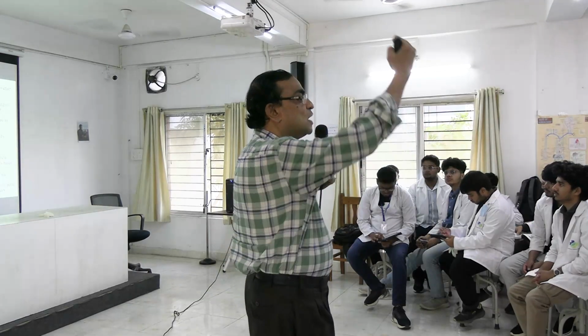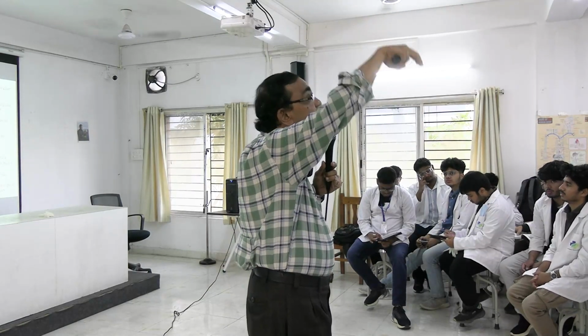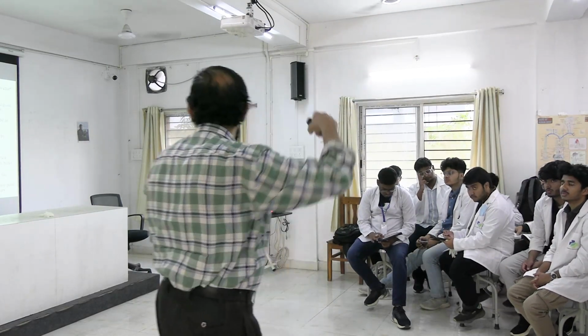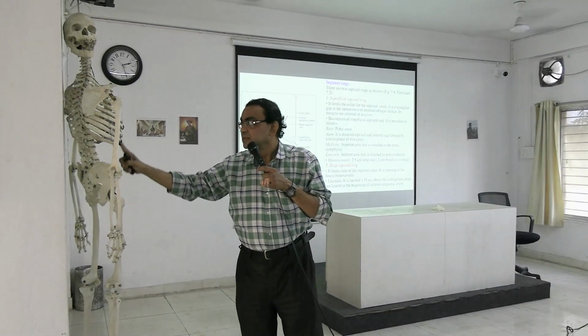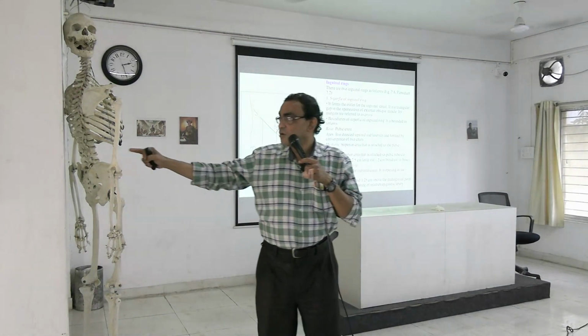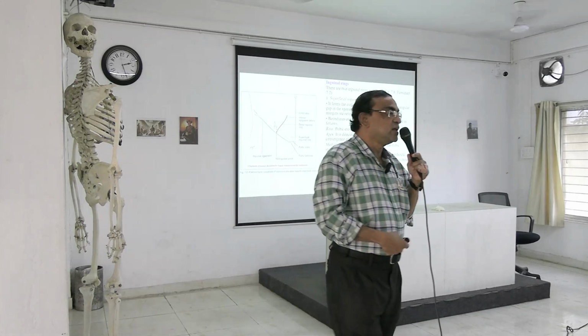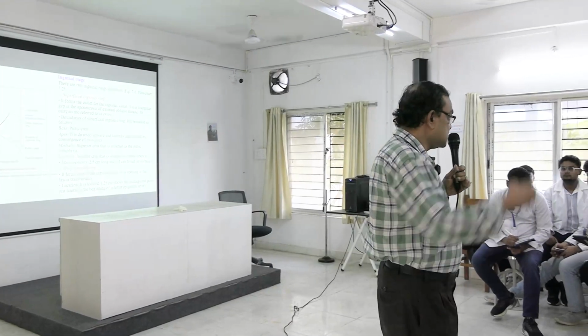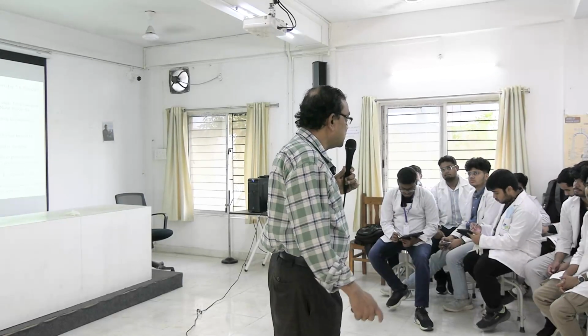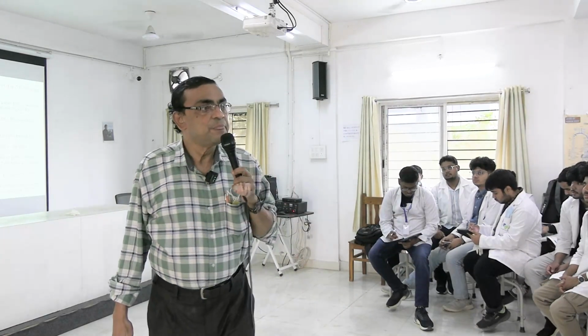It goes above, and there is an anastomosis from above, the superior epigastric artery, and from here the inferior epigastric artery, just a little above or at the level of the umbilicus.